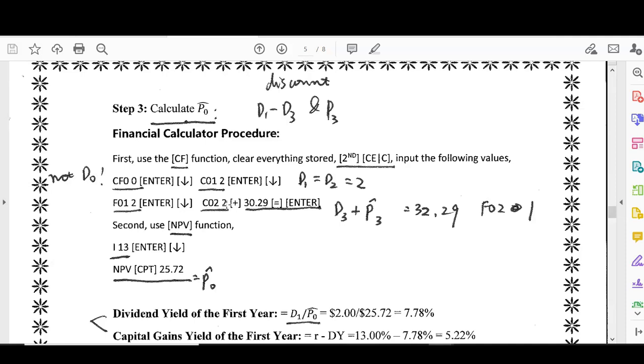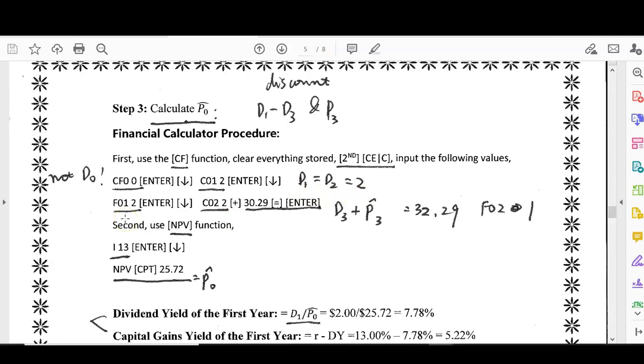You could either input cash flow 1 as D1, cash flow 2 as D2, cash flow 3 as D3 plus P3, or you could input cash flow as $2, and because D1 equals D2 equals 2, we can input frequency 1 as 2.